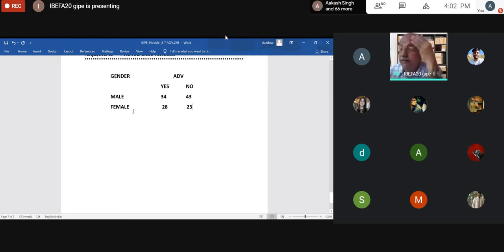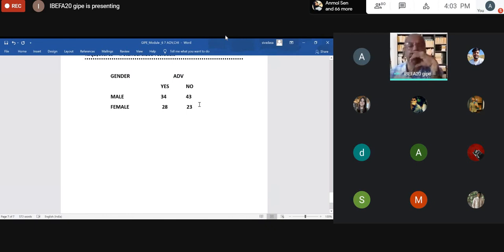At the same time, females: 28 say, we buy the Surf, and saw the advertisement. 23 of the other group say, we have not seen the advertisement, but buy. It wants to know whether there is an advertisement effect on purchase of the brand.